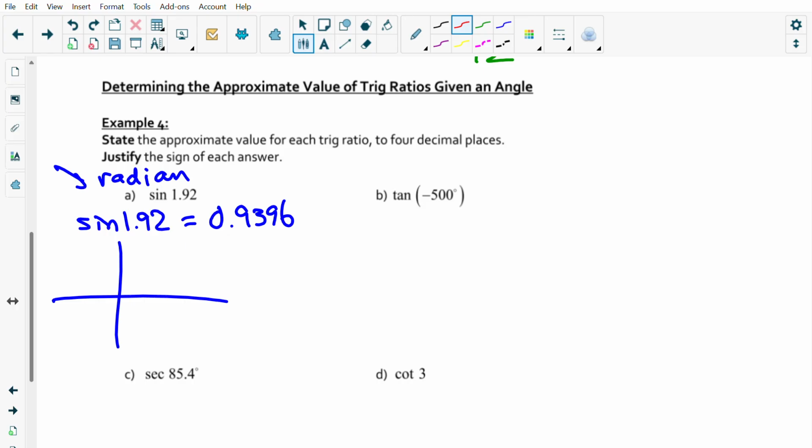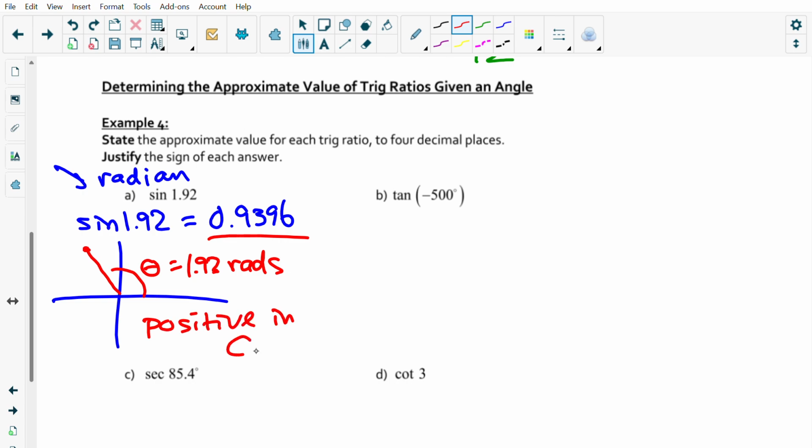We would expect this to be positive in quadrant 2. So if you go a theta value of 1.92 radians, it's going to end up somewhere in quadrant 2. And when you calculate that ratio in radian mode, it's 0.9396, so this is positive in quadrant 2.